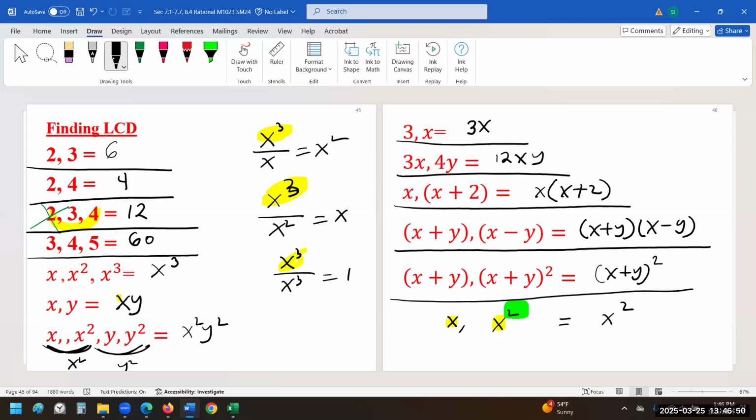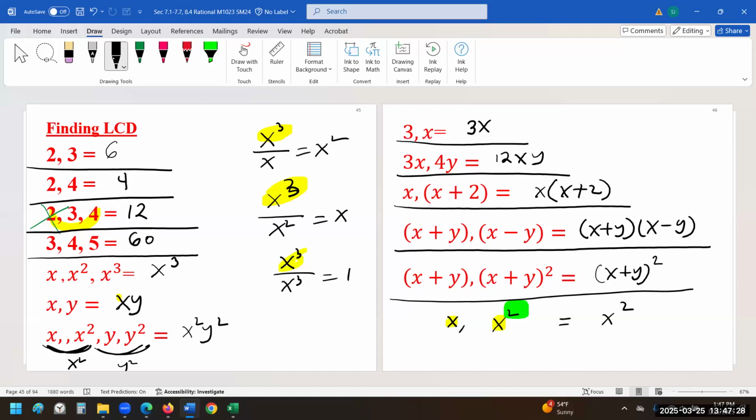Same thing here. x cannot be multiplied by something to get x plus 2. So LCD is their product. Same thing here. x plus y, you cannot multiply this by anything and turn it into x minus y. LCD is least common multiple. LCM is the least common multiple. You're looking for something big that is divisible by all of them.